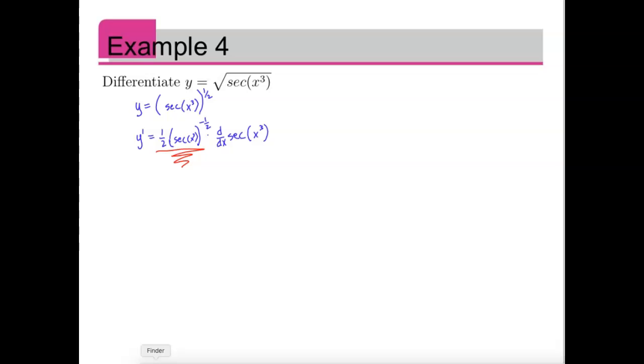But we still have a composite situation, right? We still have secant of x cubed is still a composite function. The outside function there is secant. Another weird one that we derived last week. Do you guys remember the derivative of secant, or can you Google it very quickly to make it seem like you remembered it?